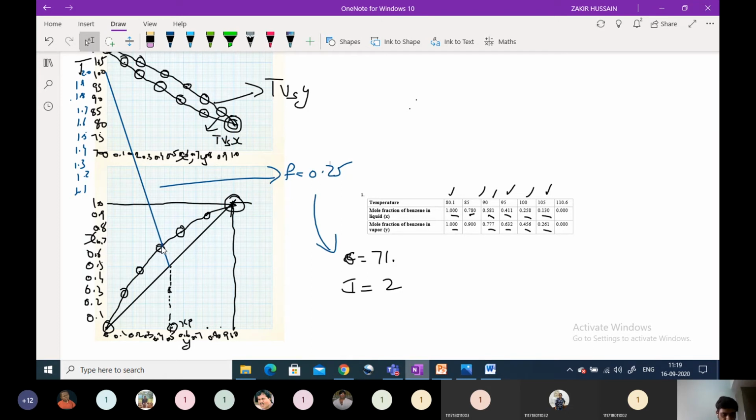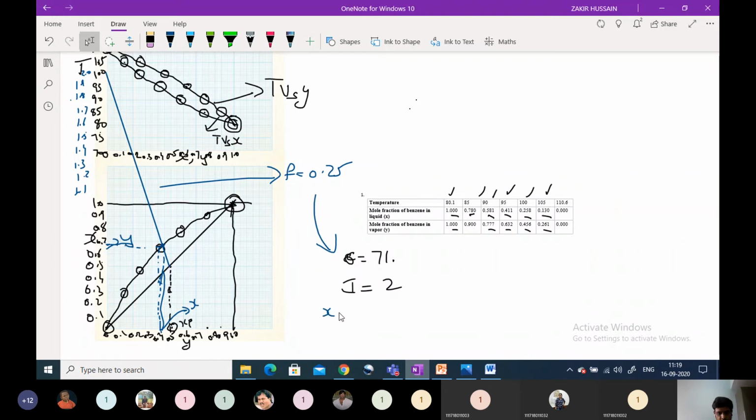So we need to project our values here, wherever our values are, onto the x-axis. So almost 49 something. This is our required x value, and this is our y value.